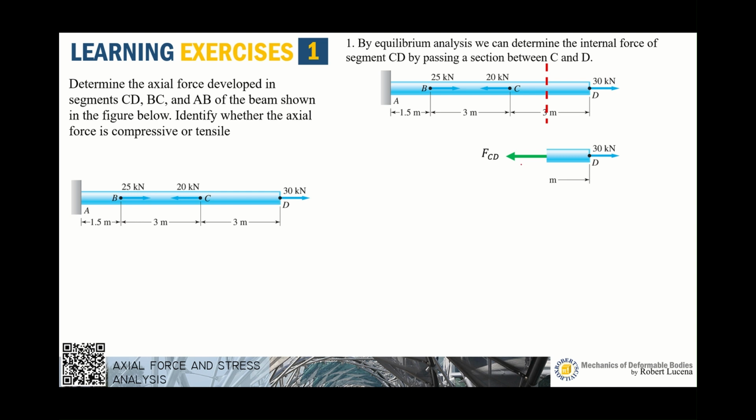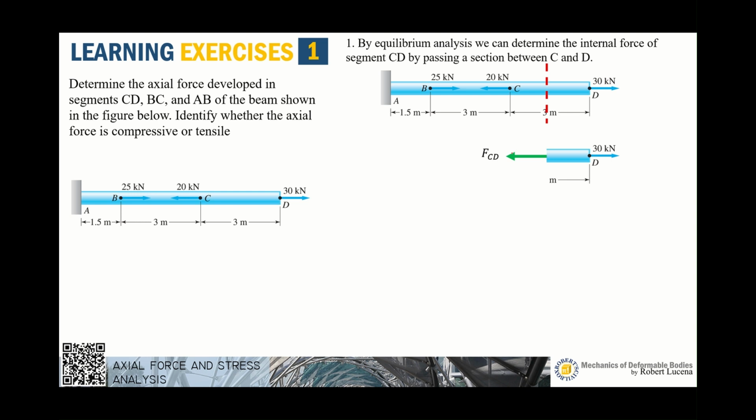Now, how can we solve FCD? As you can see, this is a collinear force system, so we can use summation of forces along X. Again, it is important for you to first look at the free body diagram and then evaluate what equations you will be using.